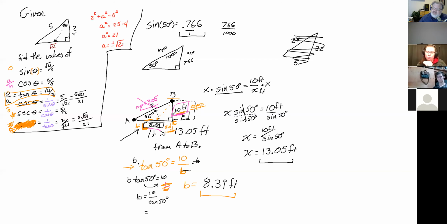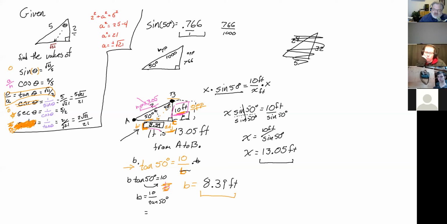But a nice way to see if it's reasonable: one, the numbers seem all in the same relative size. That 13 is a hypotenuse, so it should be the bigger of all of them. And it is, so that's good. If this length was like 1.6, I might be nervous because that would seem awfully small. But one of the tricks to keep in mind is if this is our 90-degree angle and that's a 50-degree angle, that means this is a 40-degree angle.